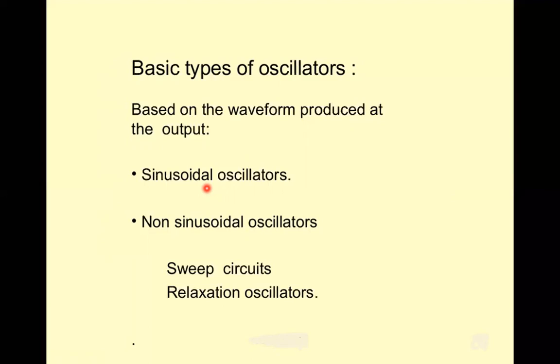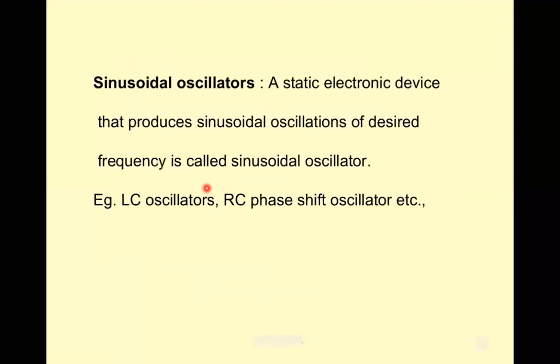Out of all these oscillators, according to our syllabus, we have phase shift oscillators, or RC phase shift oscillators. A sinusoidal oscillator is a static electronic device that produces sinusoidal oscillations of desired frequency. Examples are LC oscillators and RC phase shift oscillators.